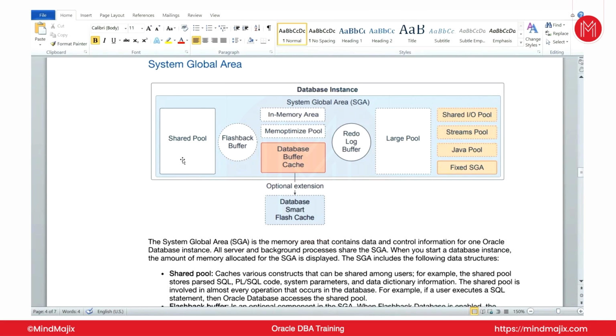So when any SQL statement comes for execution, as part of parsing it refers to the data dictionary. If the data dictionary is not kept here in the shared pool, it will be read from the data file. Data files are stored on the disk, so reading the data from the disk is very costly in terms of performance.